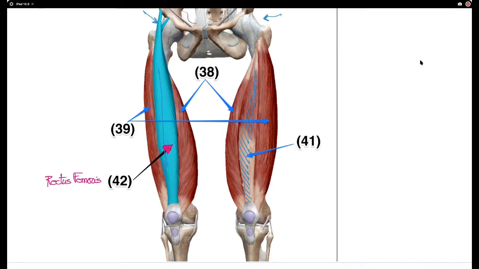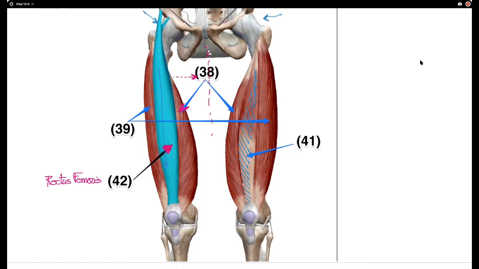So a large muscle, we call it vast or vastus. Vast means large. So number 38, if you notice, it's the large muscle in the thigh, located where? You can see it's located close to the midline. So a large muscle located close to the midline.